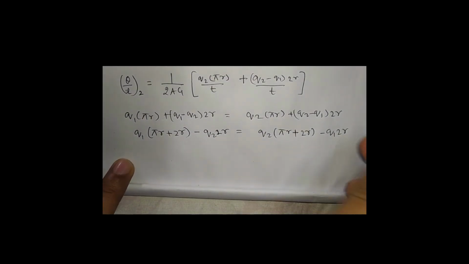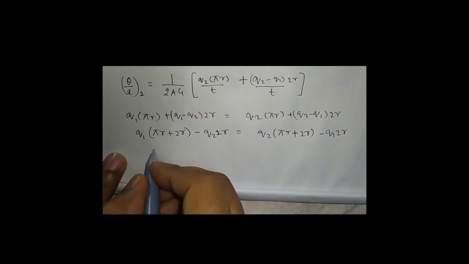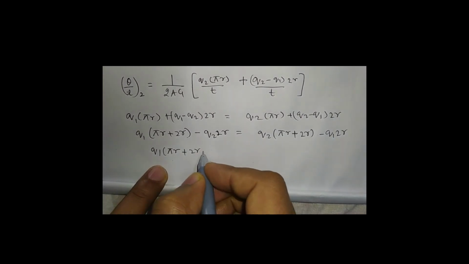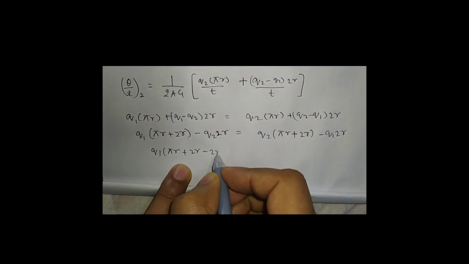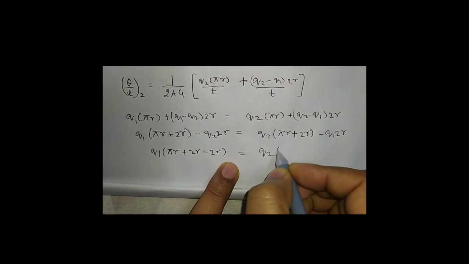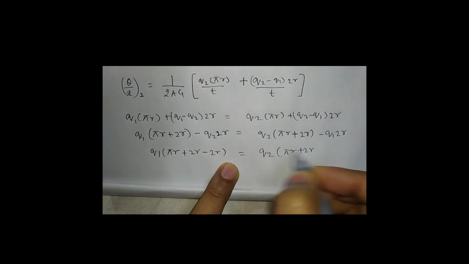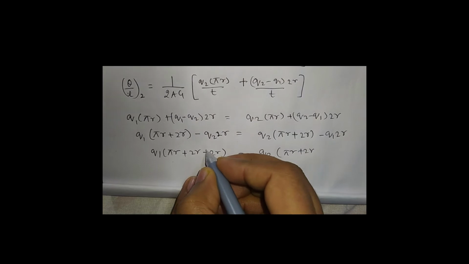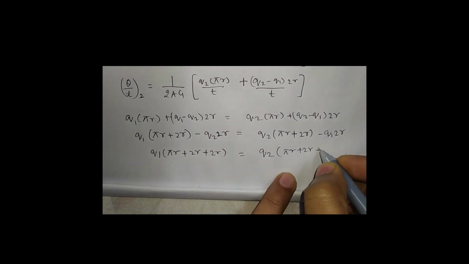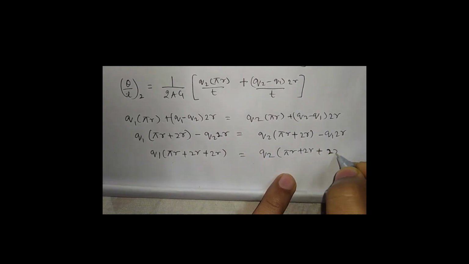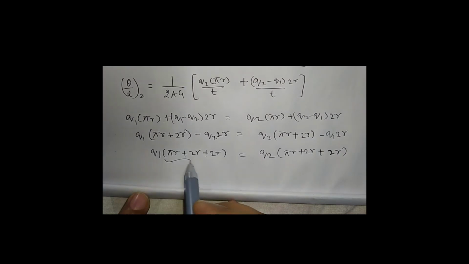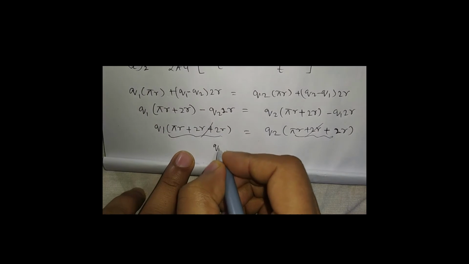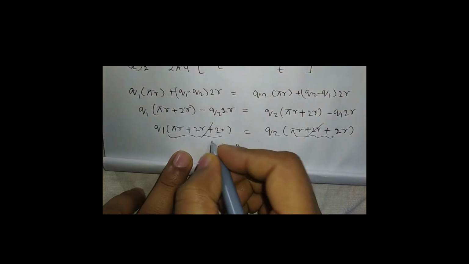So we are taking this here, Q1 pi r plus 2r minus 2r, we will get Q2 pi r plus 2r. We are taking this here plus here plus 2r. These and these are the same, so this will eliminate and we will get Q1 equal to Q2.